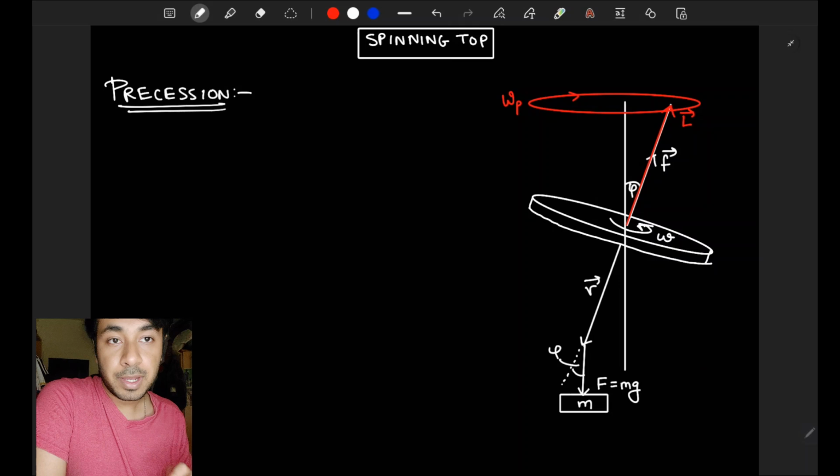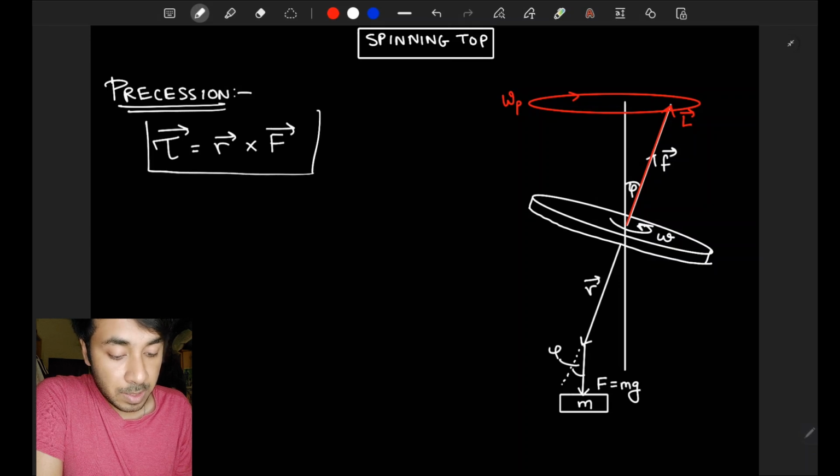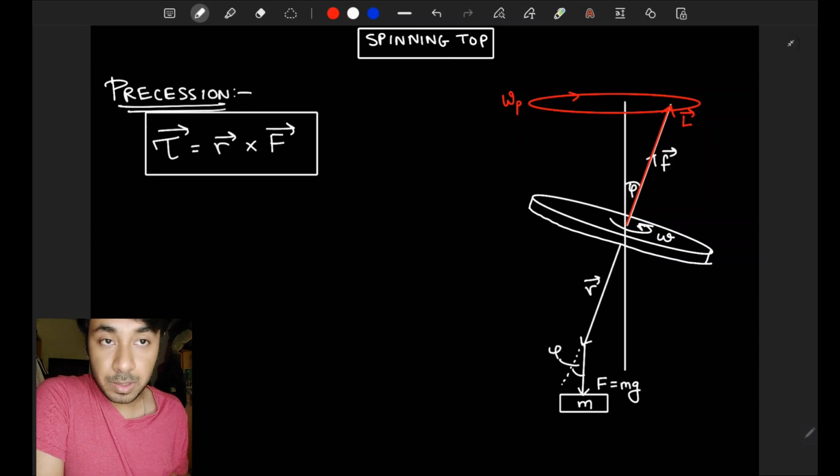When you have a force, you also have in angular motion something called a torque. A torque is basically r, the position vector, cross the force vector, and this is what gives rise to the precession. Let's make it in a different color.